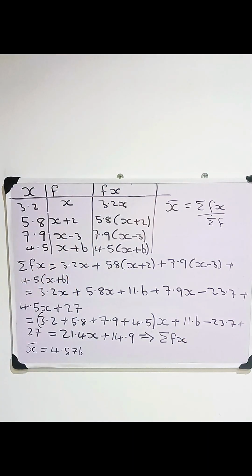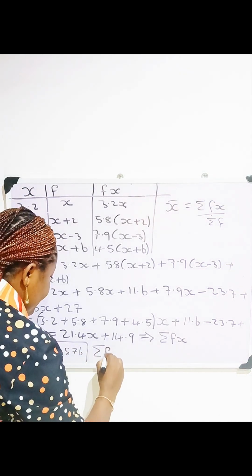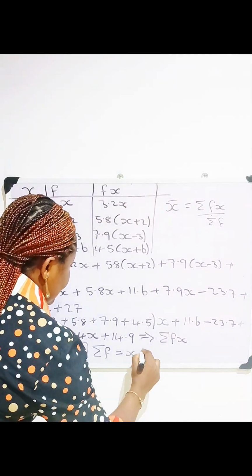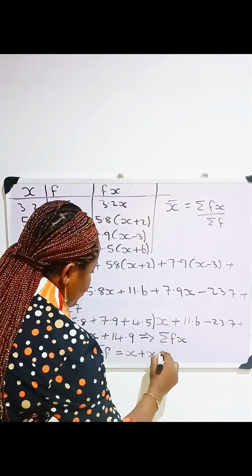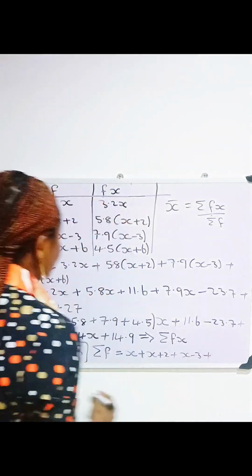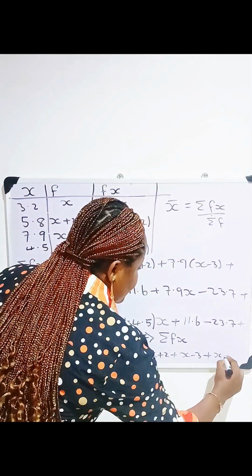Now we are also supposed to get our sum of f. This is the value we are going to be using later on. So our sum of f will be equal to x plus x plus 2 plus x minus 3 plus x plus 6.